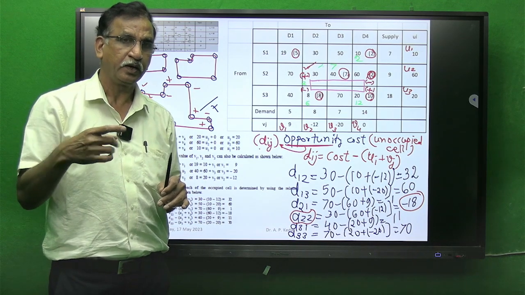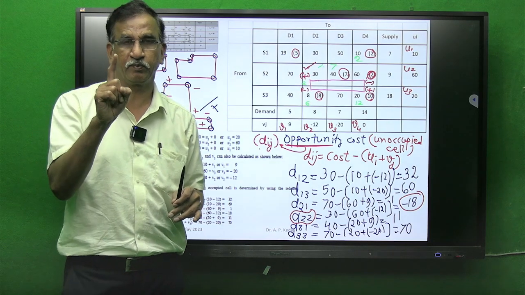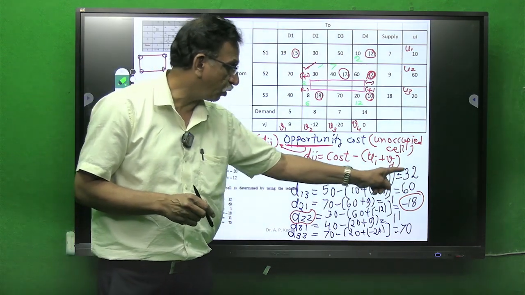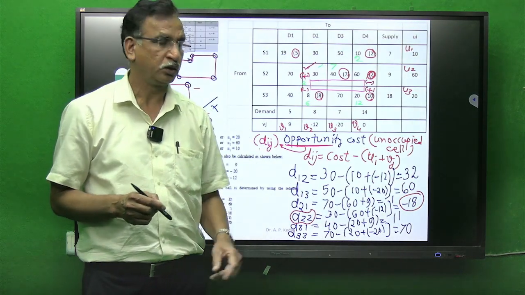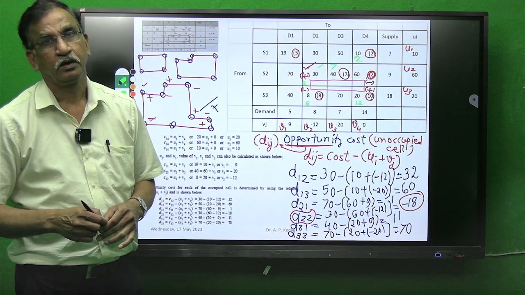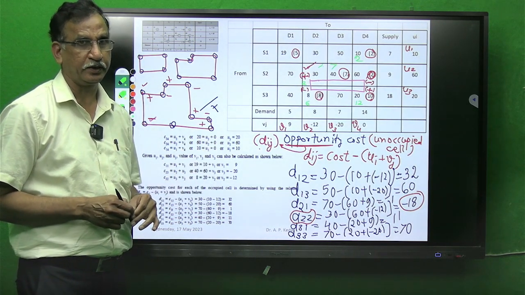It will repeat and it will terminate at a point. There will be one point of termination. It will terminate at a point where all these allocation, these cost opportunity values are positive. At that point, this problem will end.